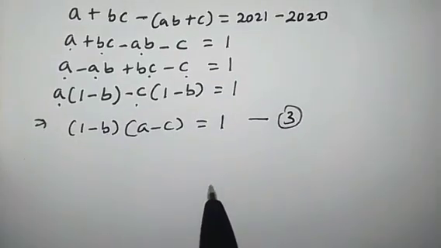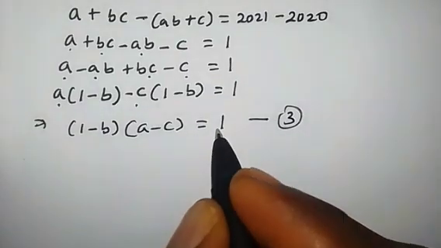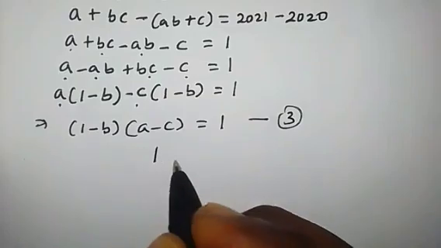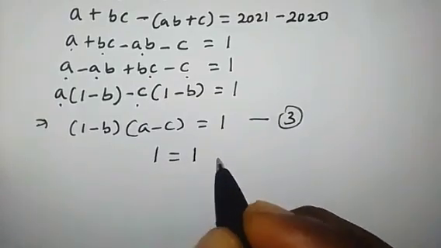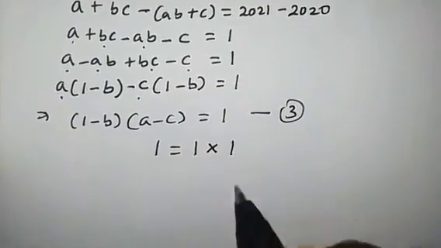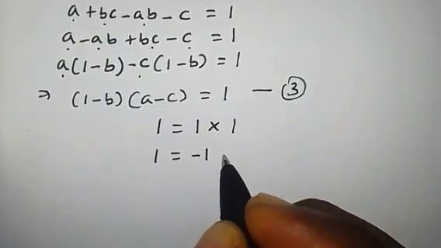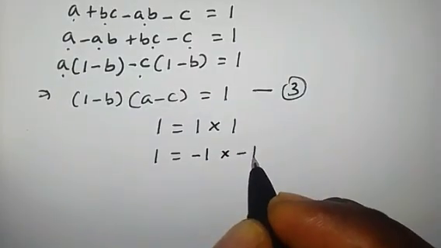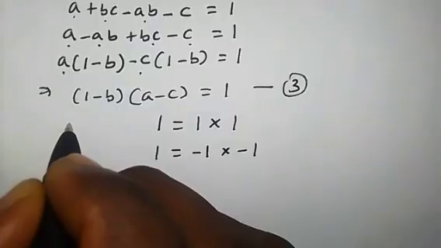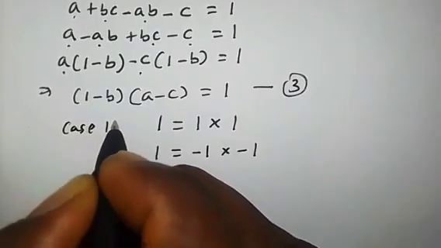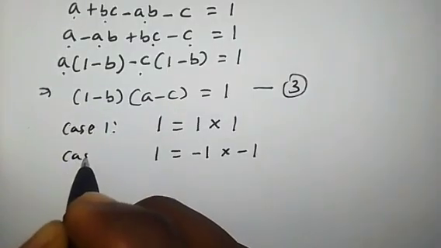Now, let us focus our attention on 1. 1 could be written as 1 times 1. We can also write 1 as -1 times -1. We can call this case 1, and this, let us call it case 2.